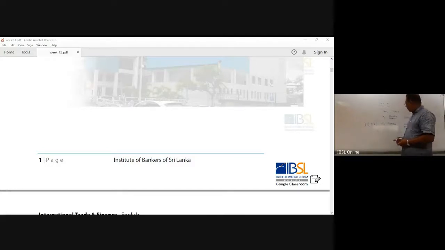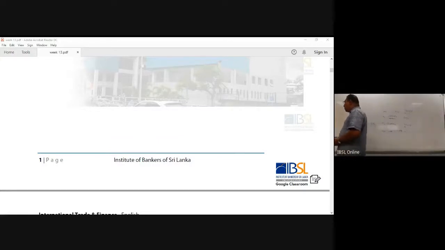A. Honor documents for US dollars 9,900 only.